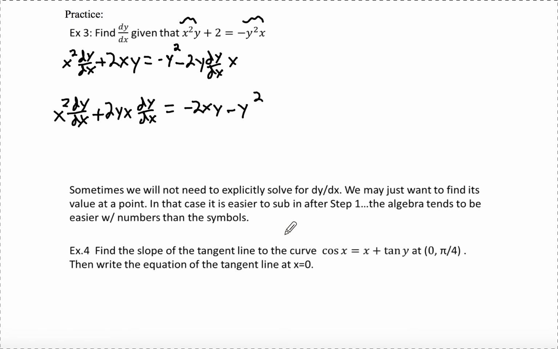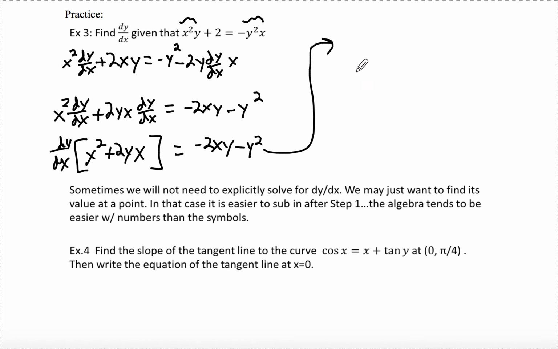All right, so now I've gotten my dy/dx's together on one side. Now my job is to factor out dy/dx. That'll give me x squared plus 2yx times dy/dx equals negative 2xy minus y squared. dy/dx then is going to be equal to, I'm going to divide this quantity over to the right-hand side, negative 2xy minus y squared over the quantity x squared plus 2yx.